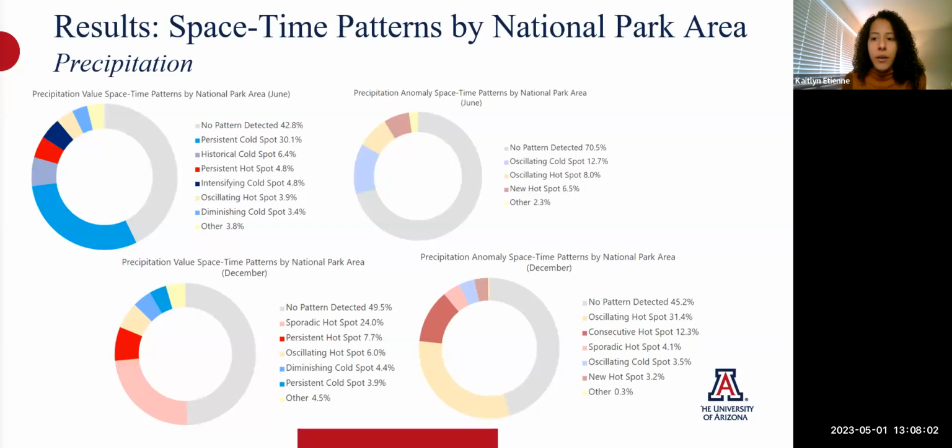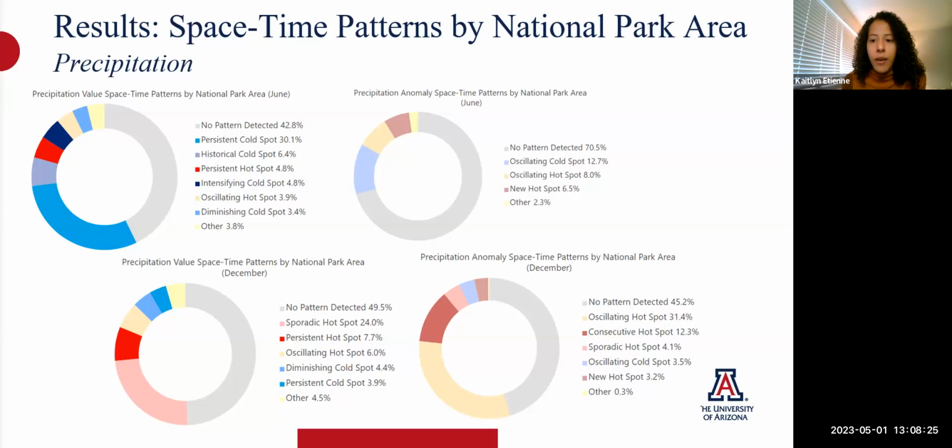So that's an area that used to be a cold spot, but it wasn't significant in the final time step. In the top right for June precipitation anomalies, I saw new hotspots happening in 6.5% of the national park area. And that's a hotspot with new statistically significant clustering in the final time step.